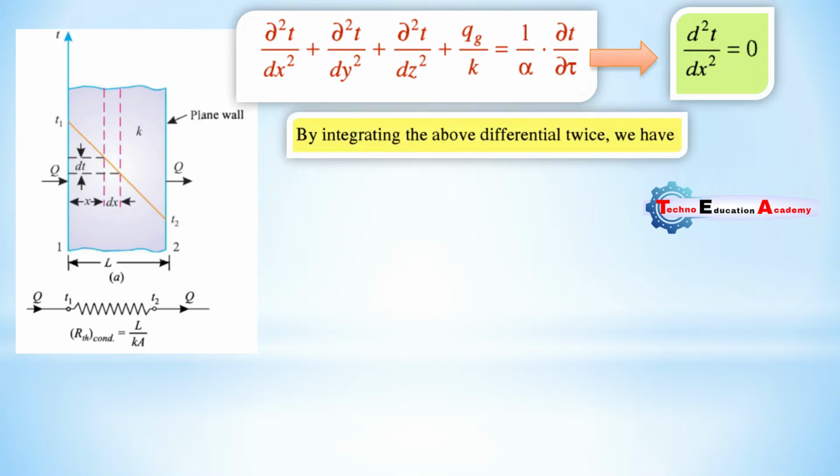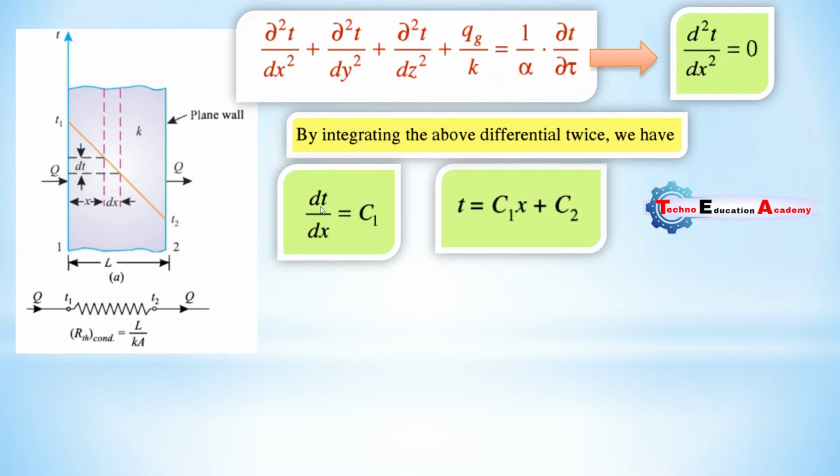By integrating the above differential equation twice, we get dT by dx equal to C1. Whenever we integrate both sides, dT by dx equals a constant. Then again the dT term is on the left hand side and the dx term is on the right hand side, multiplied with C1.